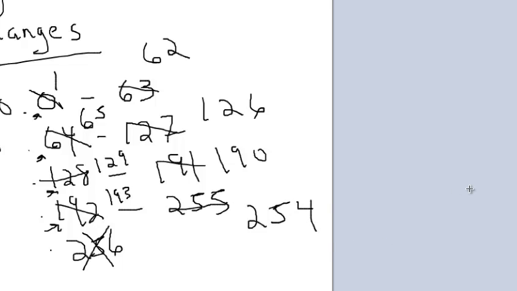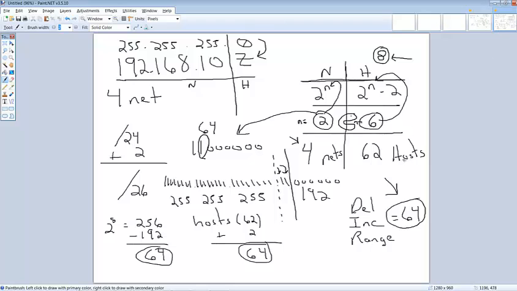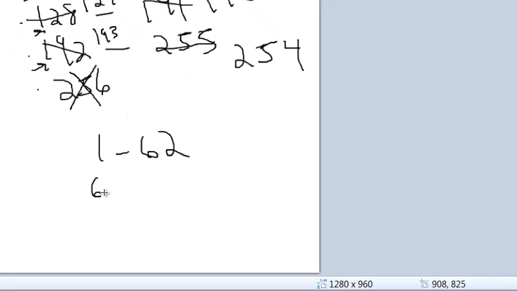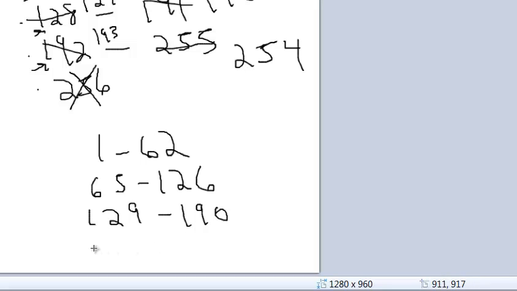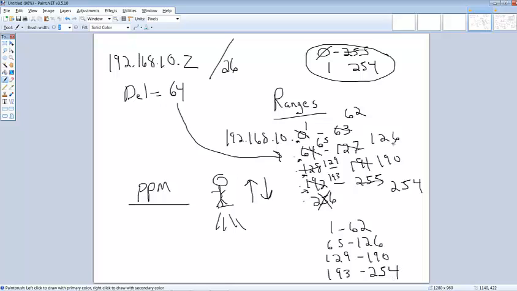Those are your ranges. So again, the ranges are 1 to 62, which makes sense because we go back, you told me you would have 62 hosts. You see, the math has to work. 65 to 126, 129 to 190, 193 to 254.